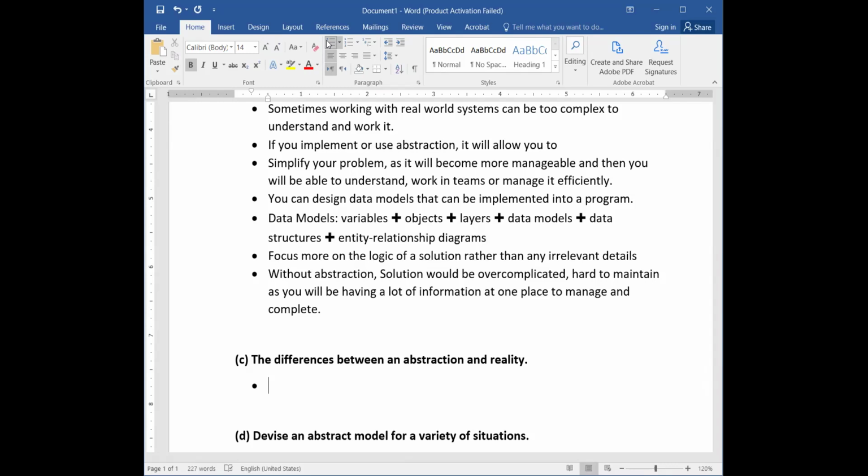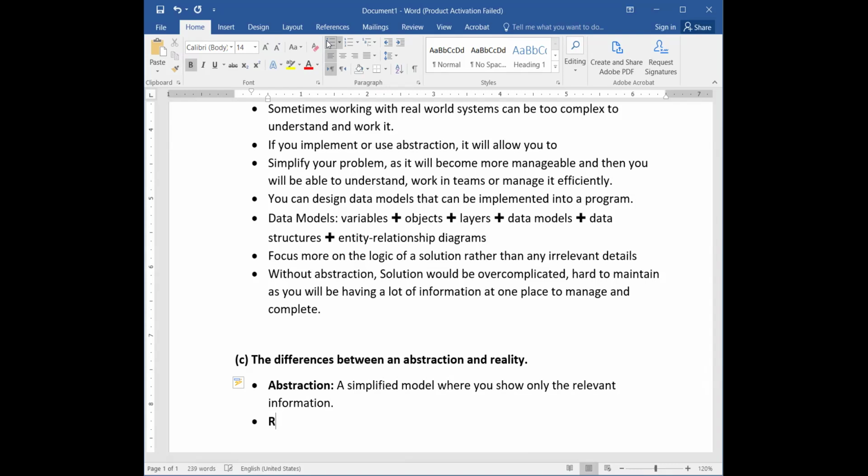So the difference between abstraction and reality, if I just summarize this, is that an abstraction is like a simplified model where you show only the relevant information. Whereas reality contains all details, many of which are even unnecessary for solving a problem.